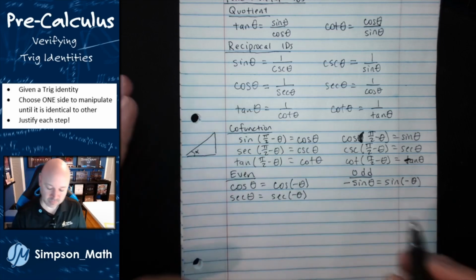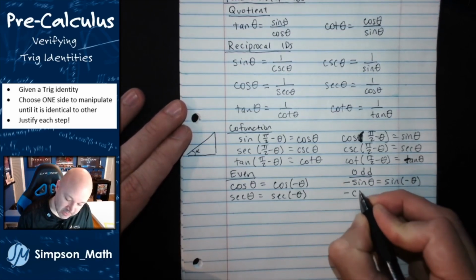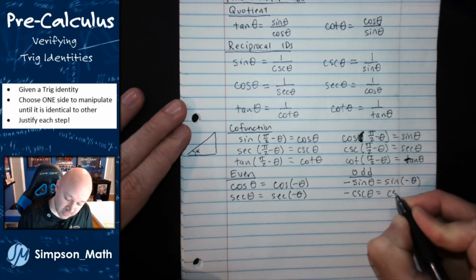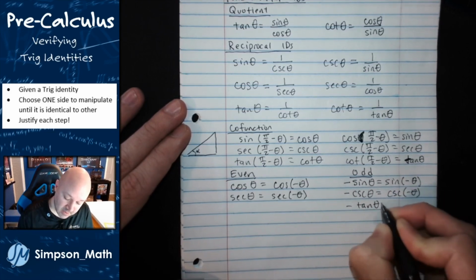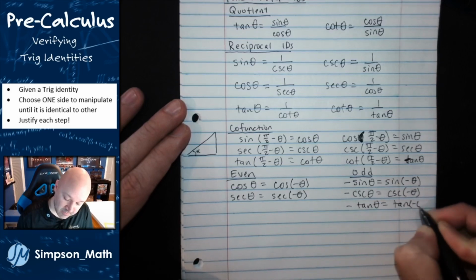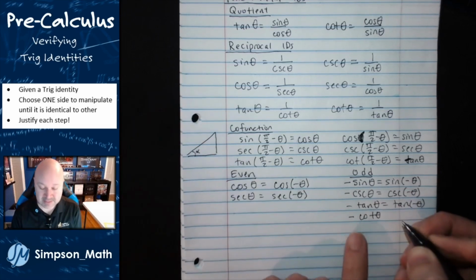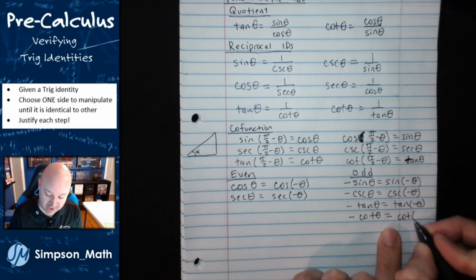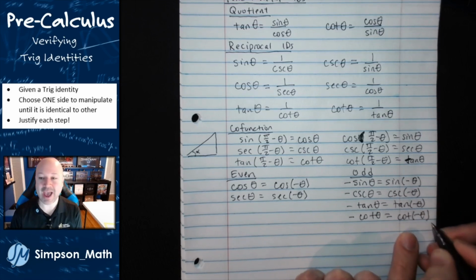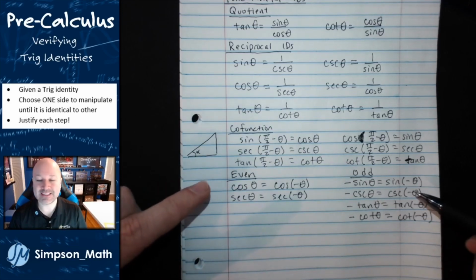That relationship is true for the remaining ones. Negative cosecant of theta is equal to cosecant of a negative theta. Negative tan is equal to tan of a negative angle. And if I take the cotangent graph and reflect it about the x-axis, it will look identical to the cotangent graph being reflected about the y-axis. This works for the unit circle and for the graphs. Those are the even and odd identities.